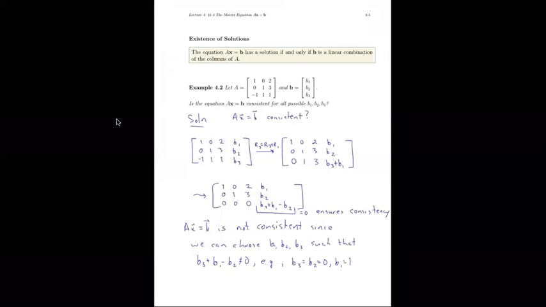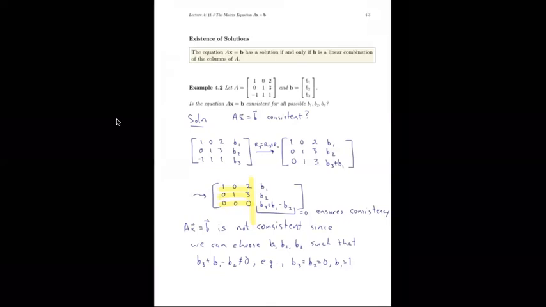So yeah, it's not the case that for all values of B1, B2, and B3, there's going to be a solution. And that's namely because we had a row of zeros here. Now, had we arrived at a row reduced form of this matrix where all our leading ones or all of our pivot positions were to the left of our rightmost column, then we would have a consistent system.